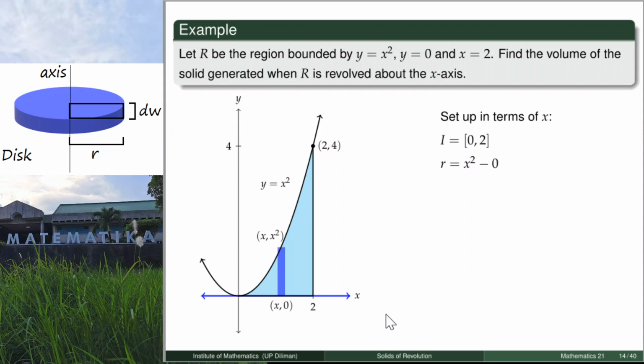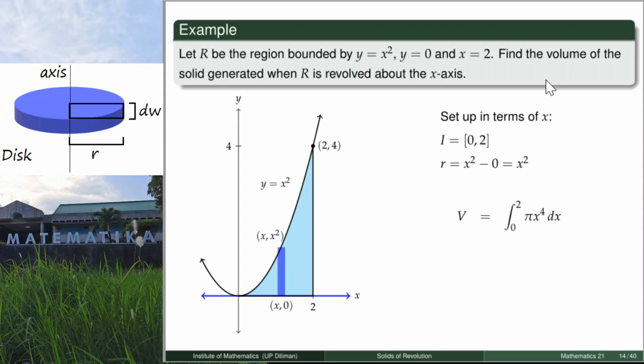So r is y up, x squared, minus y down, 0. So x squared minus 0. And plugging all of these into our formula for volume, we'll have the integral from 0 to 2 of pi r squared. So r squared will be x to the 4 times dw, but dw is dx, because we are in terms of x.